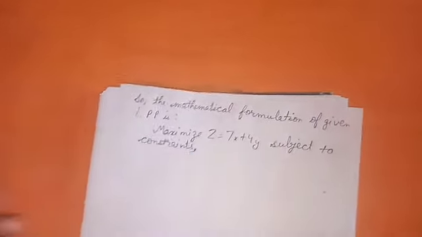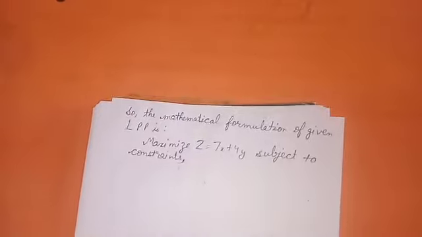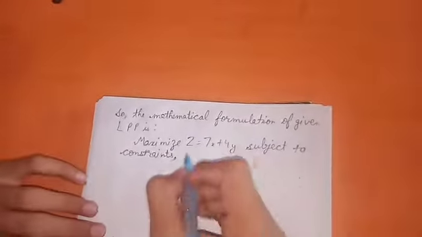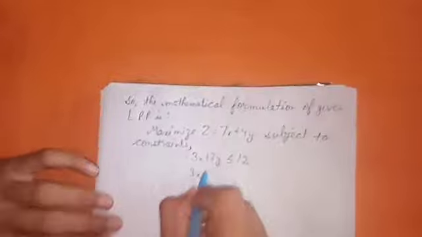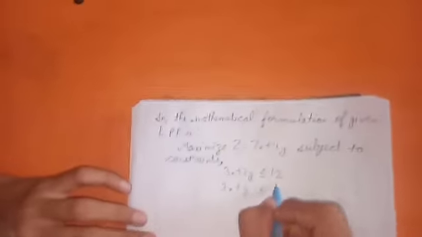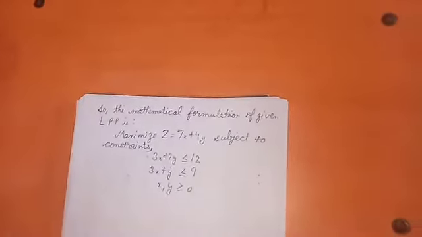The constraints that we have written earlier were 3x plus 2y must be less than or equal to 12, 3x plus y must be less than or equal to 9, and x and y must be greater than or equal to 0.